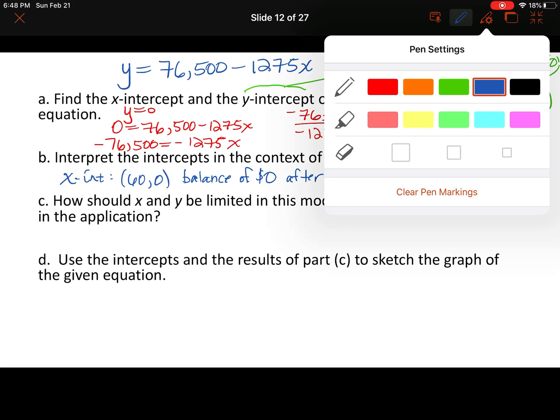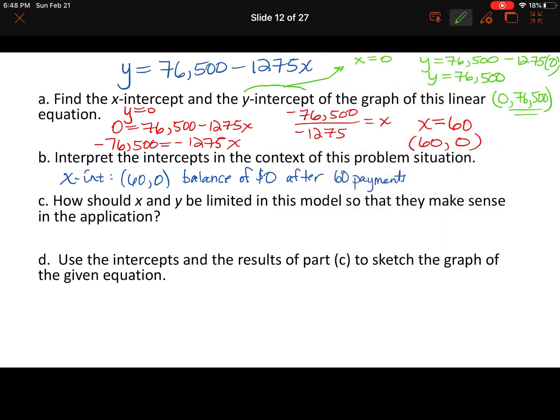And the y-intercept says no payments, 0 payments, means balance of $76,500.